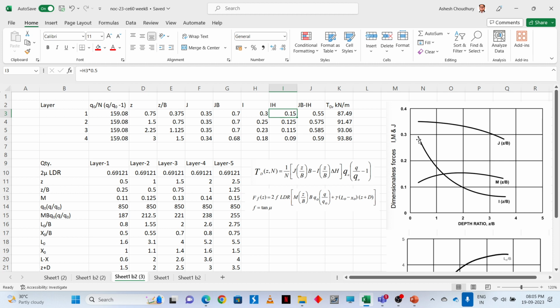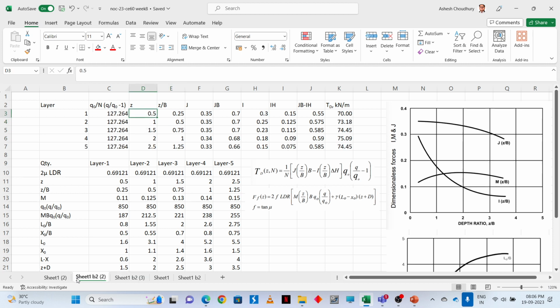Here, how much should we take? Say 0.28, approximately, I'm taking. You just do it a little bit more carefully. 0.75 into 0.23.